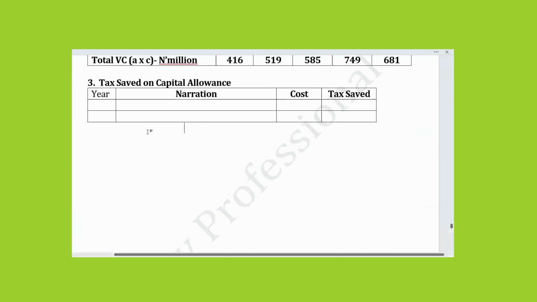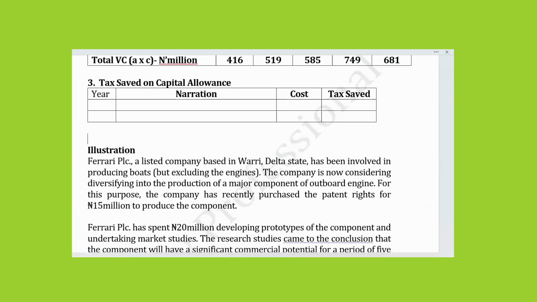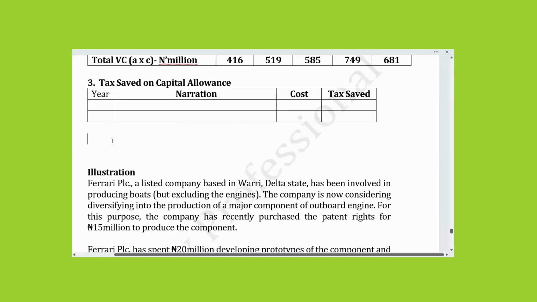So my capital allowance, according to the question, I don't need to be doing too much working on this. Capital allowance is on a straight line basis. I don't need to waste my time. Capital allowance is calculated as the cost of the projects multiplied by capital allowance rates.